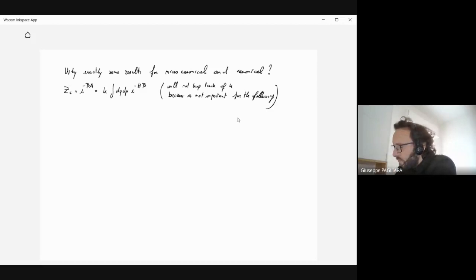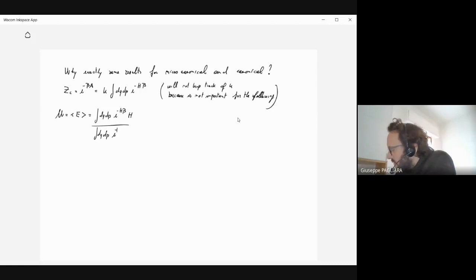And U, the internal energy, is actually the average over the ensemble of E, and this was the integral dq dp e to the minus beta H times H divided by the integral dq dp e to the minus beta H. Okay.